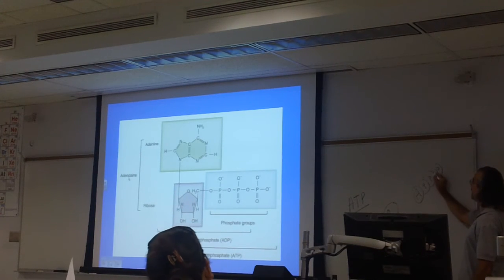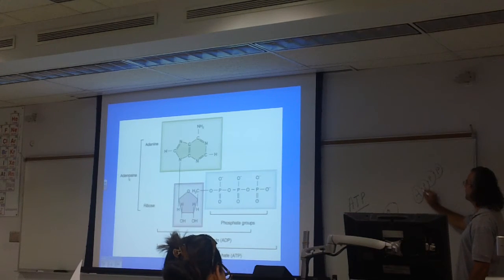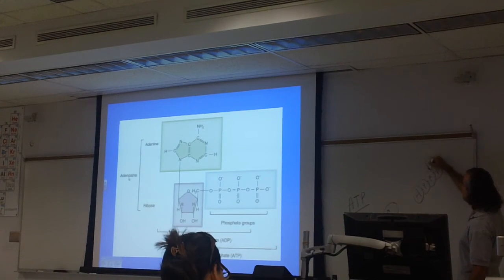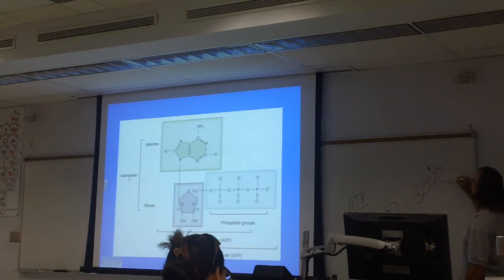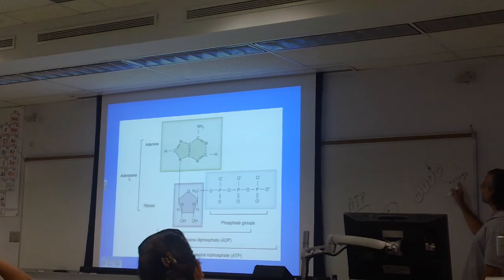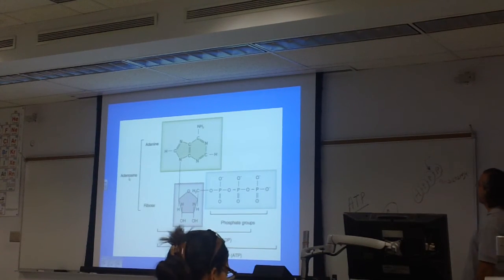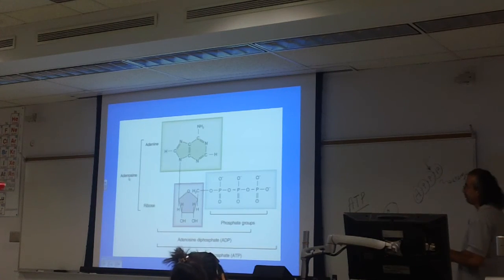There's a bond between here and here, and a bond between here and here. If I break this bond apart and chop off this phosphate group, I release energy, right? So it's chemical energy through here. And that's the energy I use for doing all those crazy things for the human body. So we'll do more of that later on too.